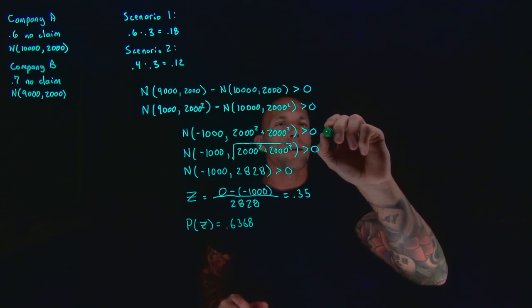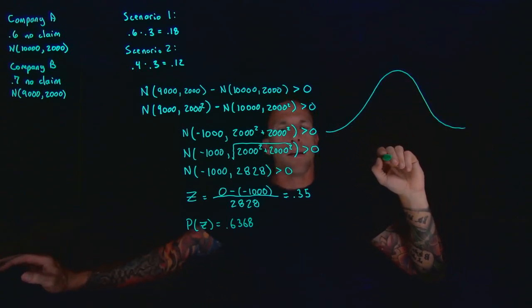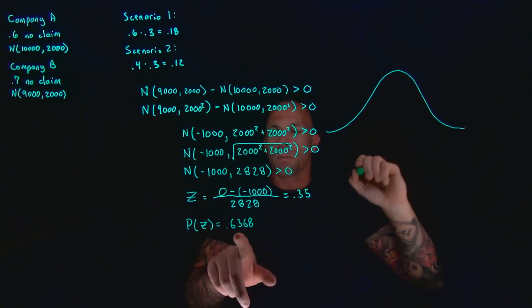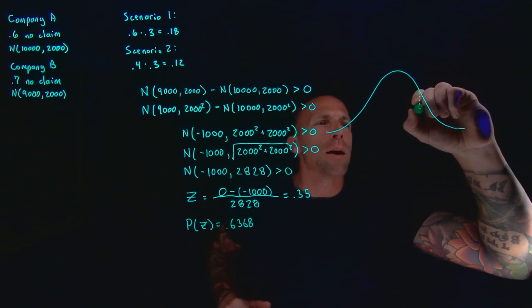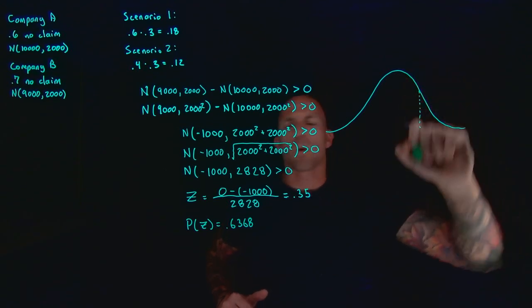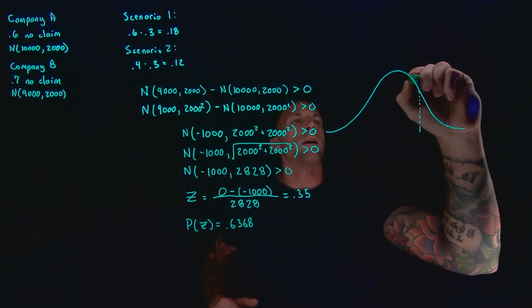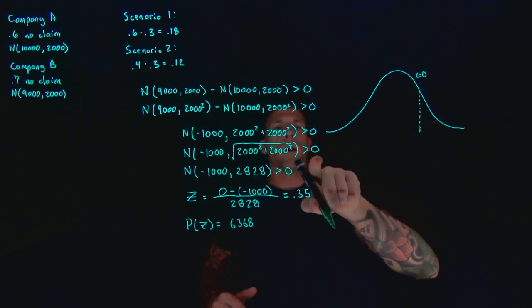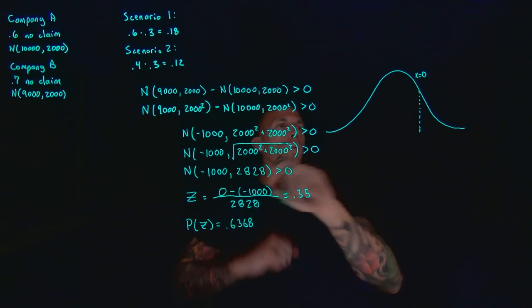So let's come over here, and I'm going to try to give some context for that. We have got a normal distribution, and this value here is when x is equal to 0. So maybe that's right about here or so, about 63% of the way over. And we want to know when our normal is greater than 0.